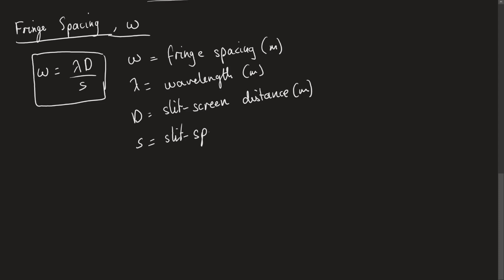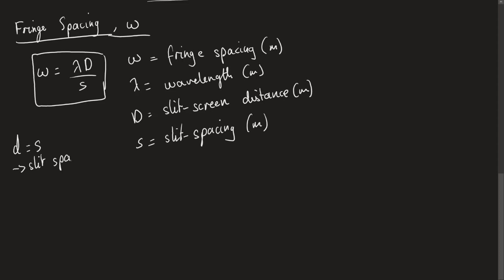Okay, this can get very confusing. It's also in meters. This can get confusing because up till this point we've referred to the slit spacing as being lowercase d. So there's a fine confusion. So lowercase d and lowercase s represent the same value. So these are both the slit spacing.